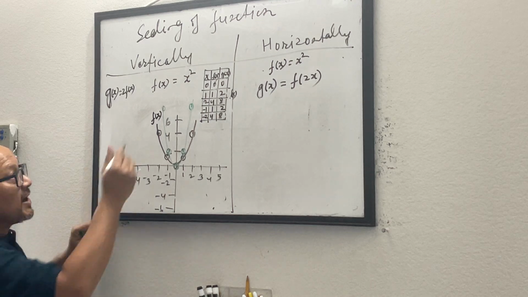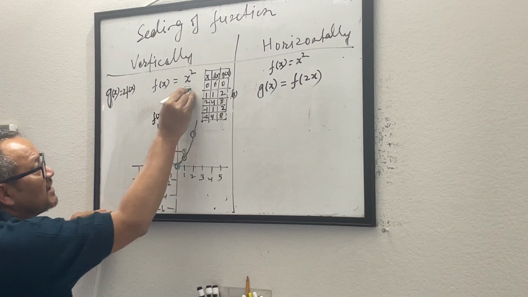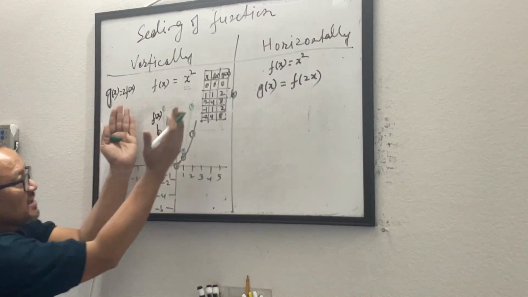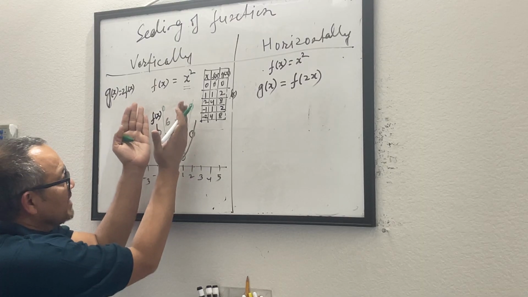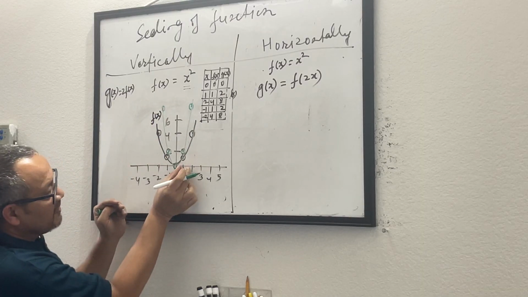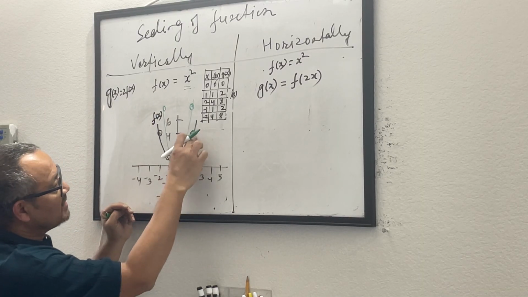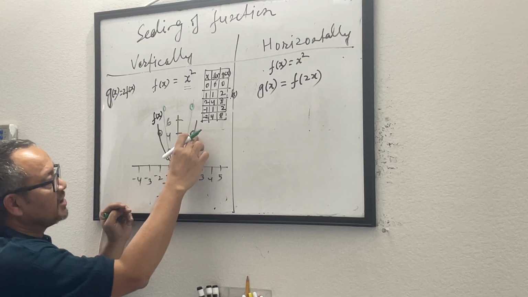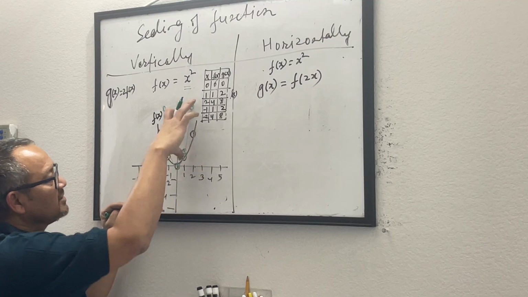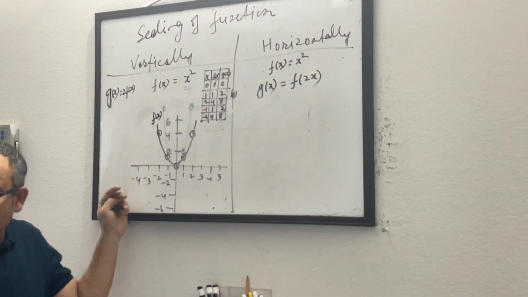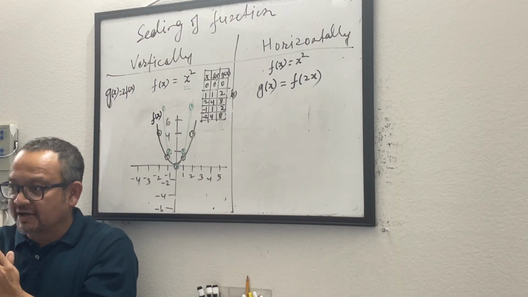So when you multiplied this function by a constant, it squeezed because your rate of change between 1 and 2, earlier it was changing by 3 units, now it is changing by 6 units. It's growing at 2 times the faster rate.